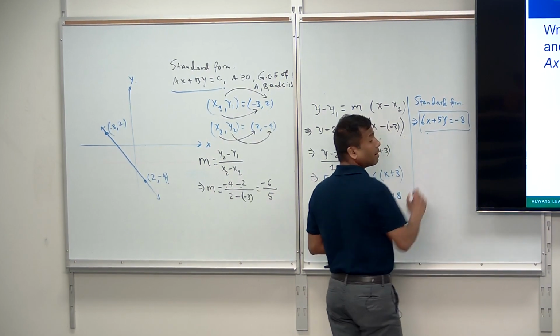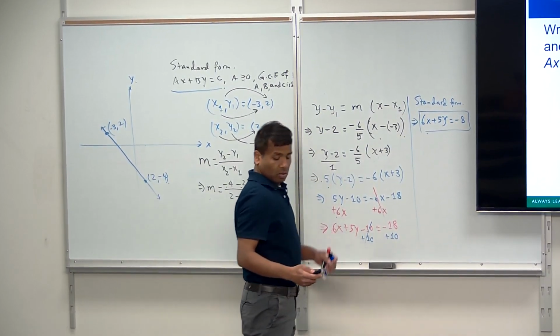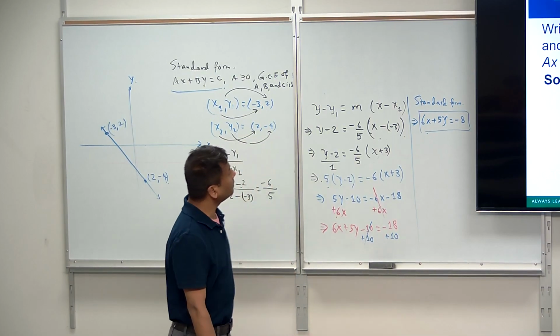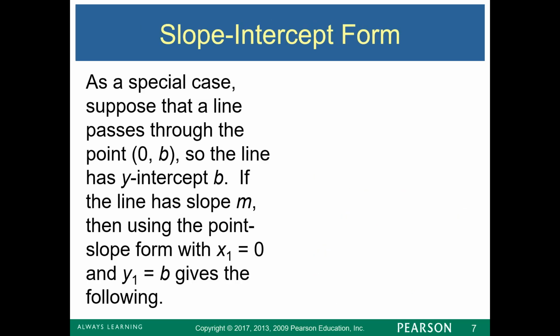Did you get it? Good job, guys. So 6x plus 5y equal to negative 8 is the standard form.